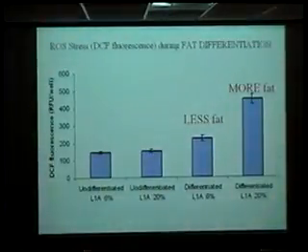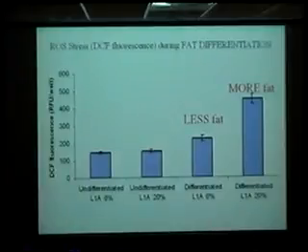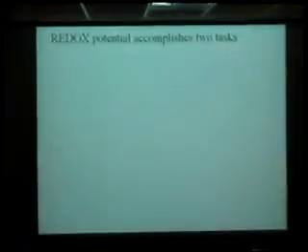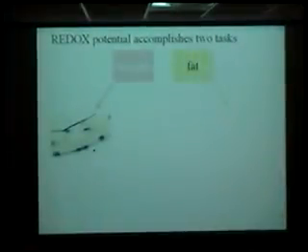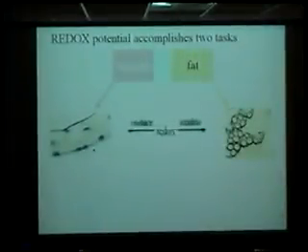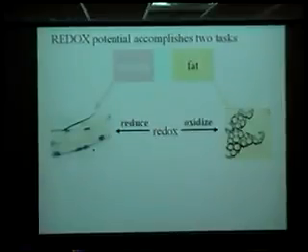So again, we used cells that are completely adipogenic in their choice of daughters. Under 20% oxygen conditions, the 3T3-L1s, 100% of them will differentiate into fat. But when we lower the reactive oxygen species stress, in those cells we only get 50% differentiation, the opposite effect of muscle. So what's so appealing to this model is that, again, if you change the redox status of this cell, you independently affect two pathways.